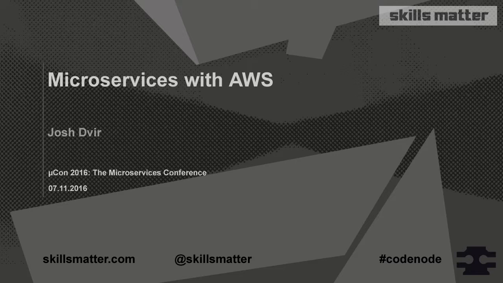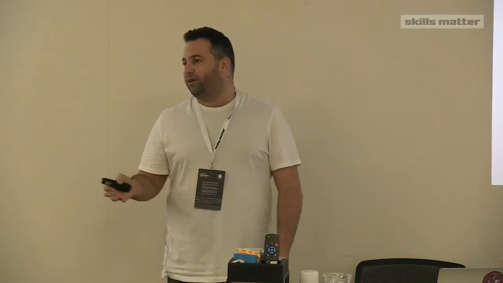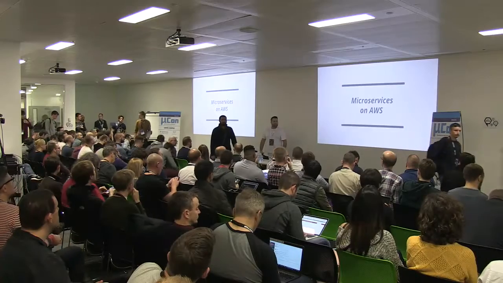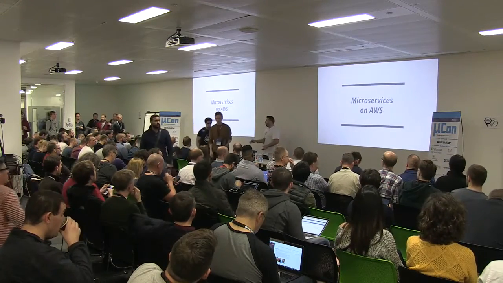I hope you will enjoy my presentation here today on µCon. Since we're on microservices, today we're going to talk about a big topic, which is, I think, a big part of microservices: the deployment process. Everyone has services.